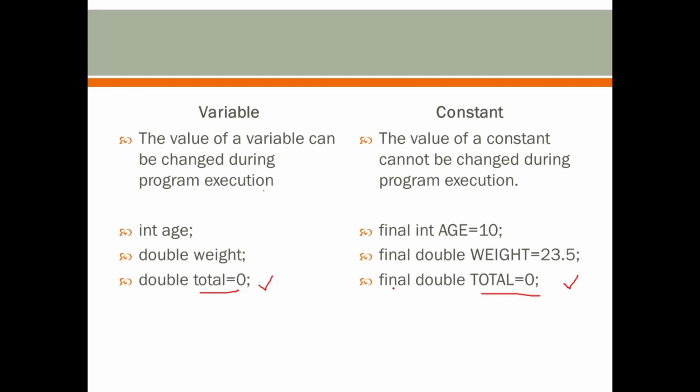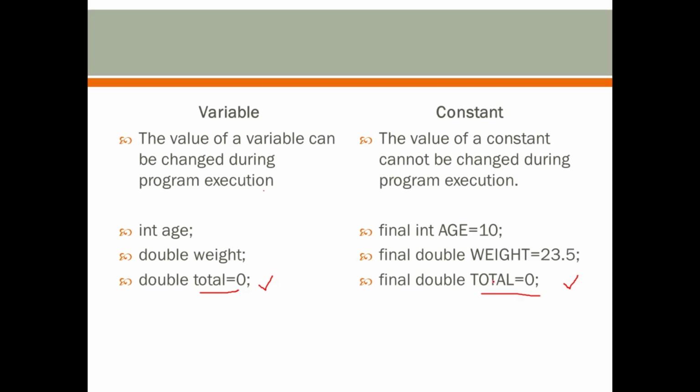Before program execution the total equals 0, but at the end of execution the variable total may become 100, or another value based on the program execution.